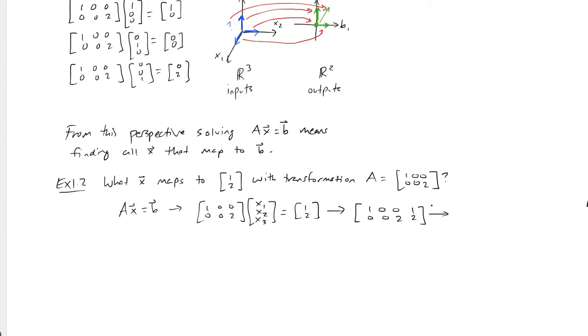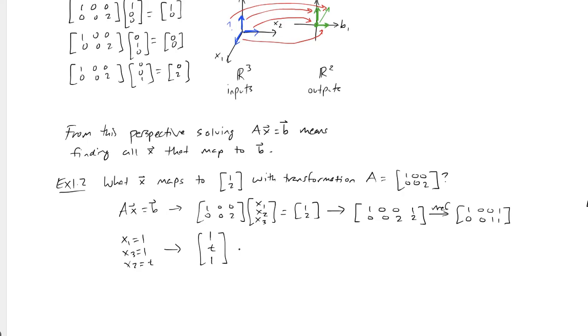And this is a very simple RREF. It's just going to be [1, 0, 0, 1; 0, 0, 1, 1]. Which tells me that x1 is going to be 1, x3 is going to be 1, and x2 is free. We'll call it t.